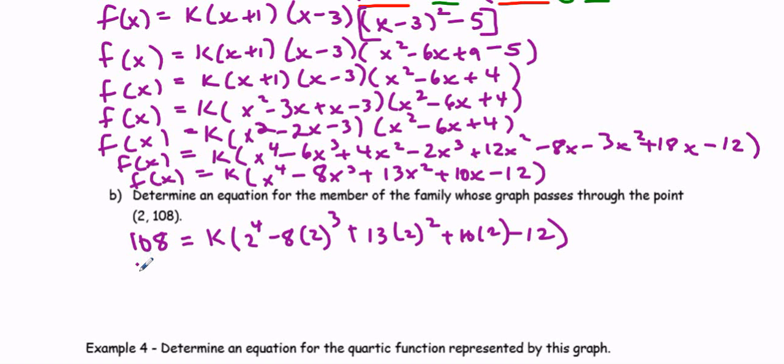Bracket. All right, 108 equals k times, am I missing? No. 2 to the fourth is 16. This is 8 minus 64 plus 4 times, that's 52, plus 20 minus 12.